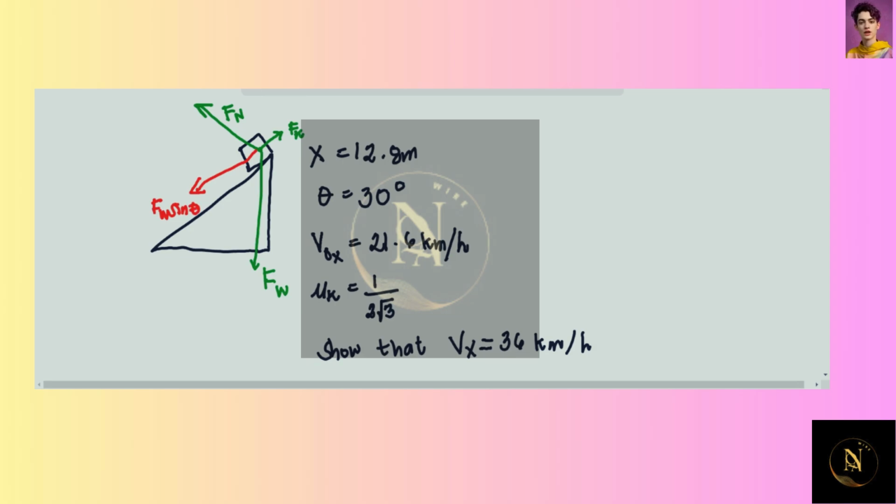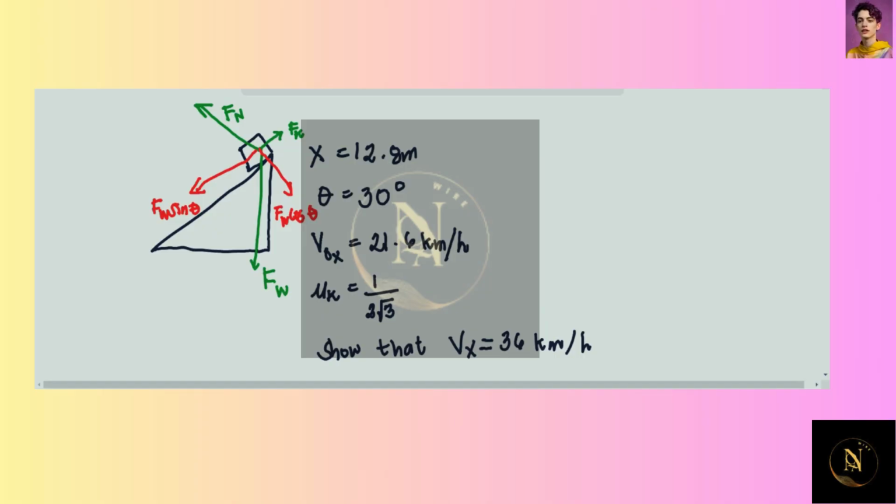In this direction, opposite the normal force, the weight is pulling the car by a magnitude of weight multiplied by the cosine of the angle. Now we have the forces acting on the car.